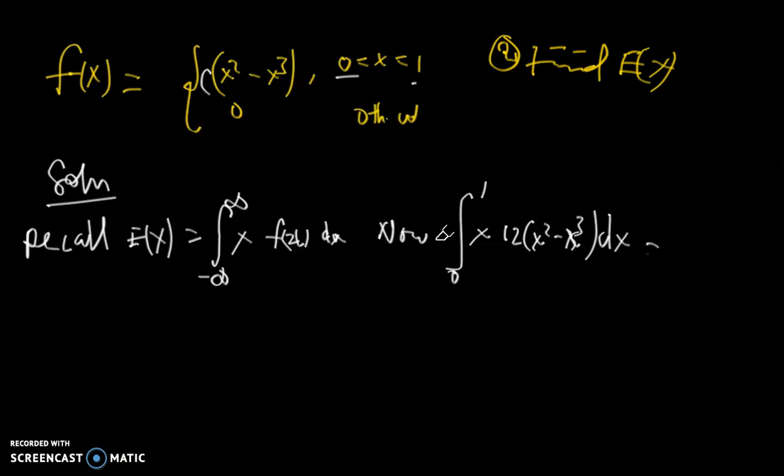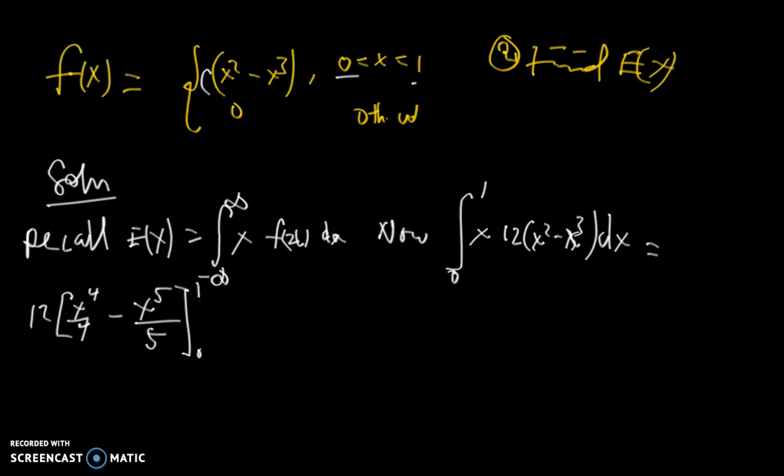This will give us 12 into x power 4 divided by 4 minus x power 5 divided by 5, from 0 up to 1.